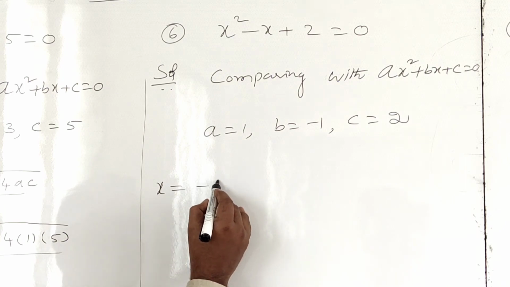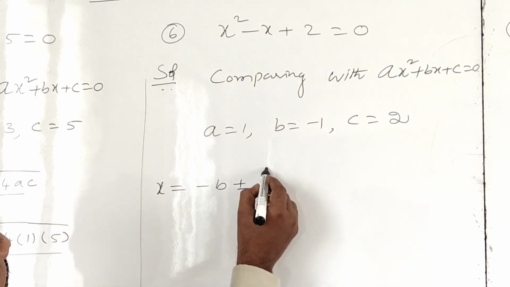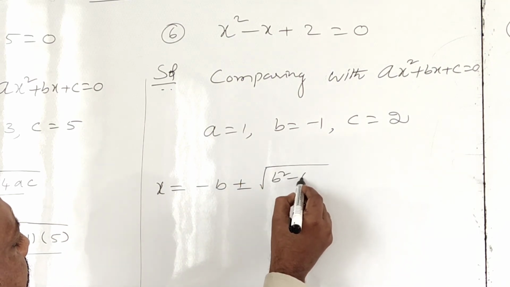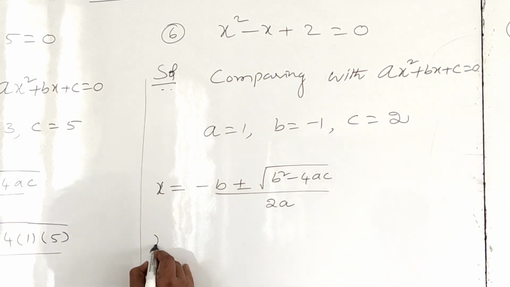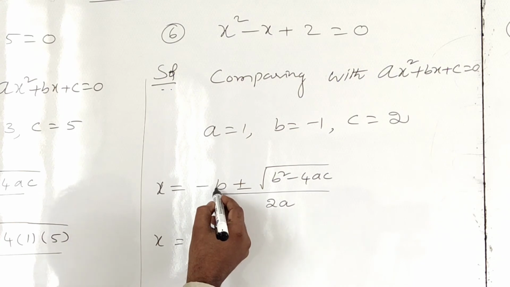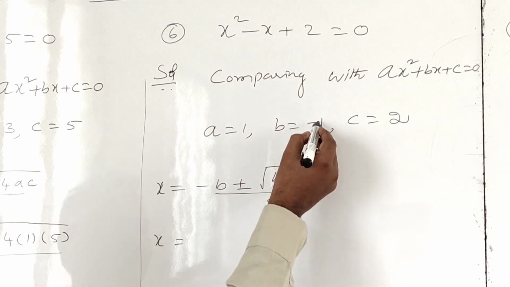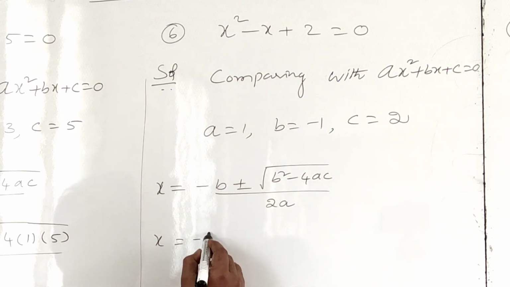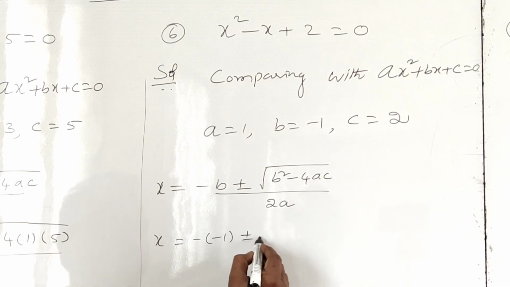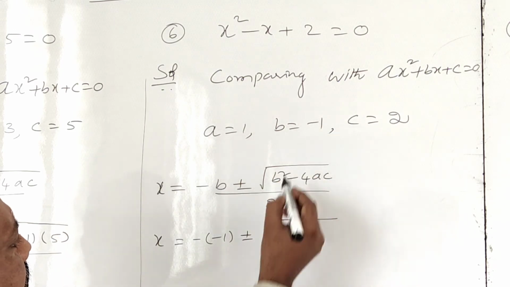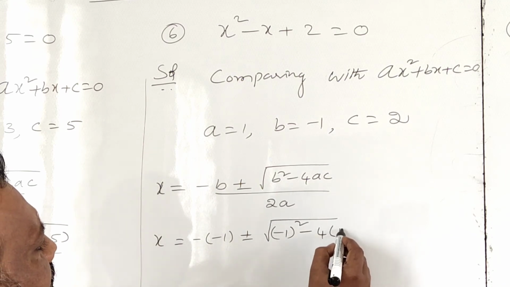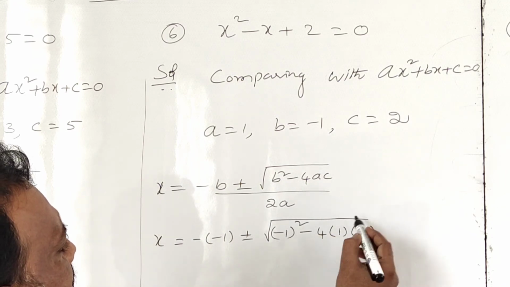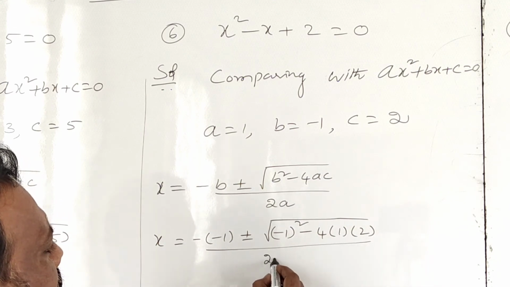For that we have the formula minus b plus or minus square root of b square minus 4ac upon 2a. You know the values of a, b, c, so you can replace. b is minus 1, minus b means minus of minus 1, plus or minus under root b square, minus 1 whole square, minus 4 into a value 1 and c value 2, upon 2 into 1.